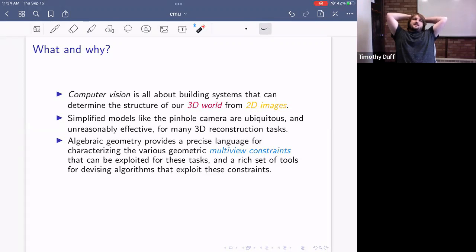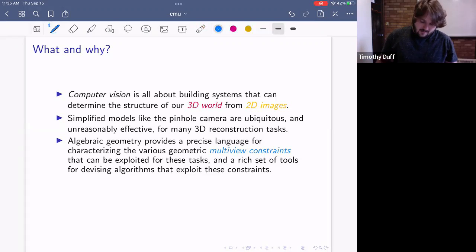But it's also concerned with geometry, which is particularly relevant to the 3D reconstruction part. And in fact, the relevant geometry often turns out to be algebraic geometry. And this has been understood for quite some time. And there's a huge amount of work that we are building on.